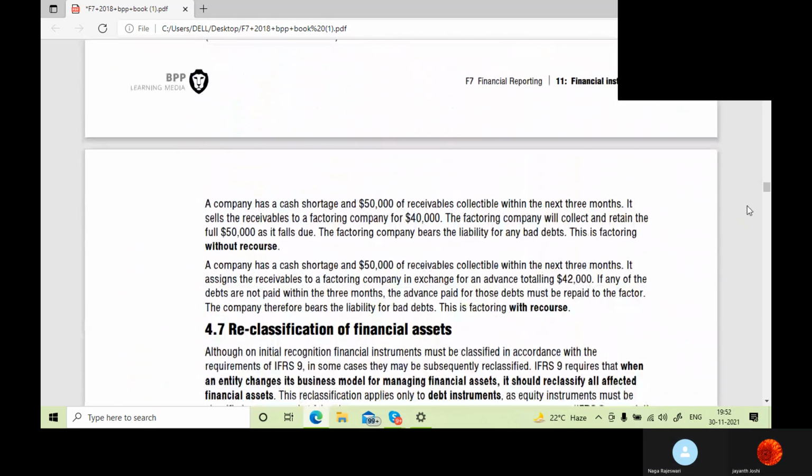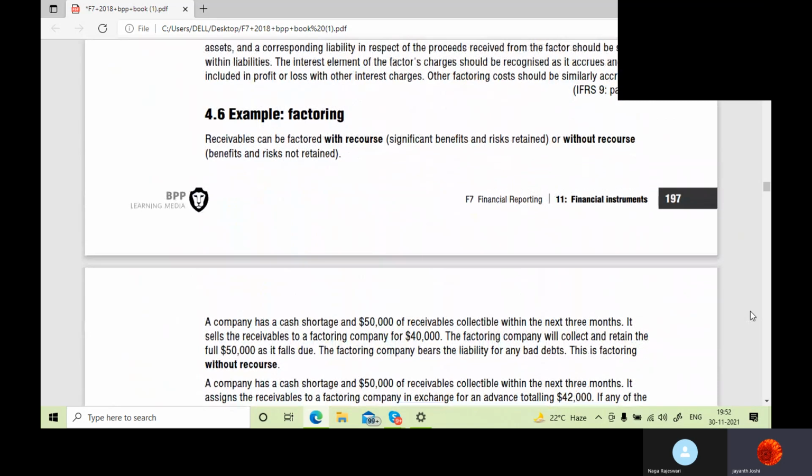One small example is there. Receivables can be factored. That means factoring can happen in two ways: with recourse and without recourse. With recourse means if you are selling your receivables to a factor company, whatever the risks and benefits are, that means default or anything from customers, you should take care.